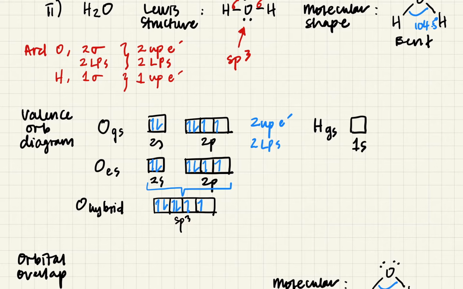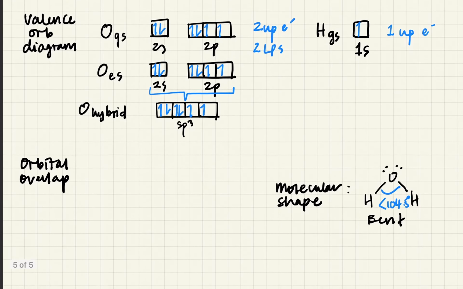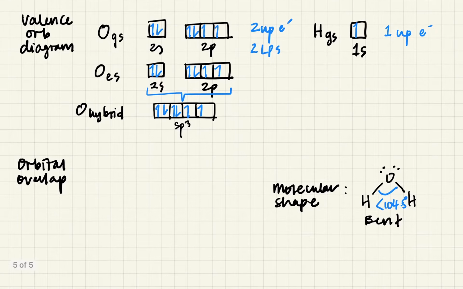Okay, now we're going to look at our terminal atom, hydrogen. So hydrogen will have 1 sigma bond, therefore it will have 1 unpaired electron. So hydrogen at ground state has 1 electron, therefore you already have 1 unpaired electron.